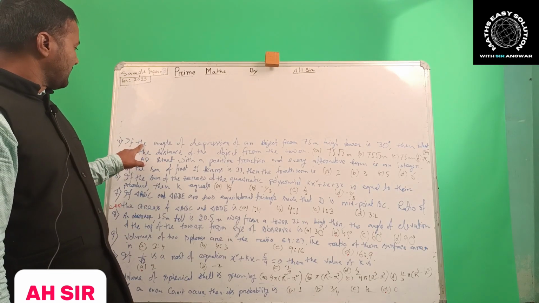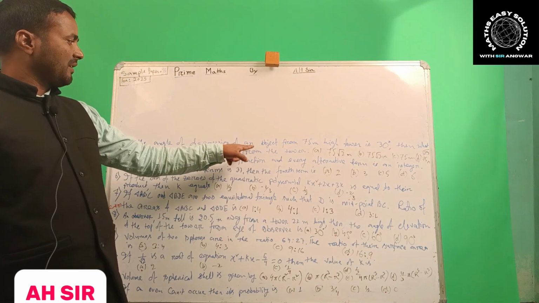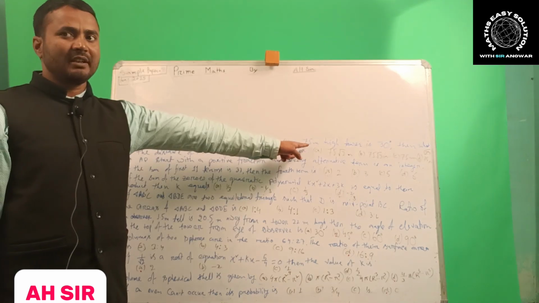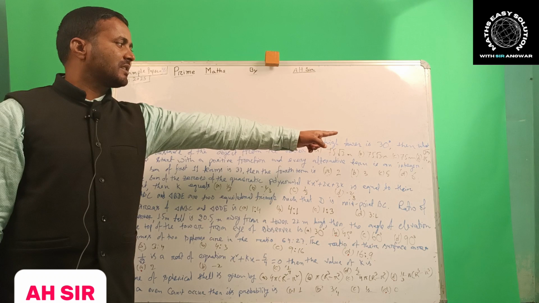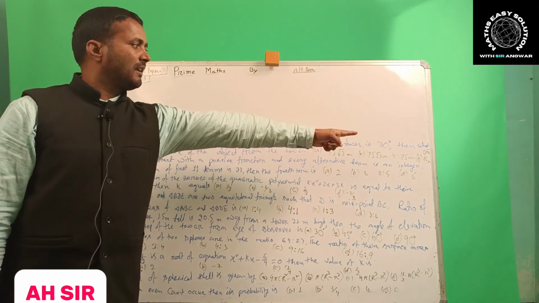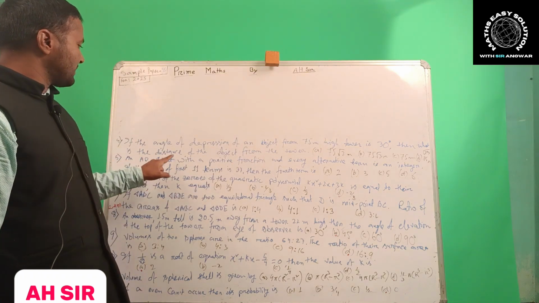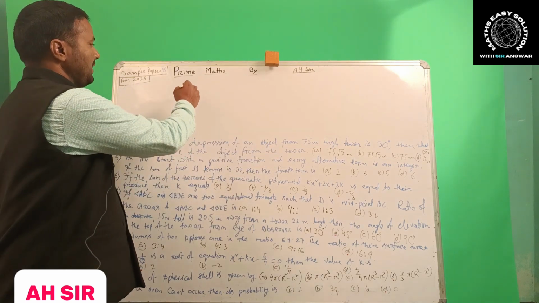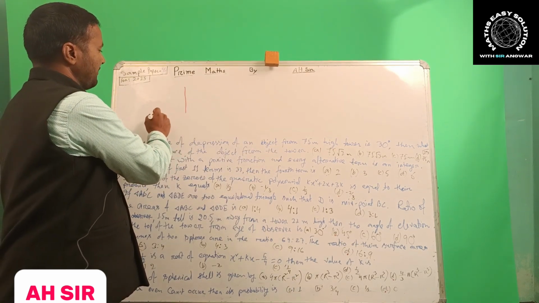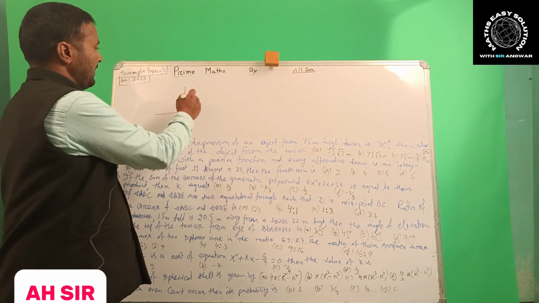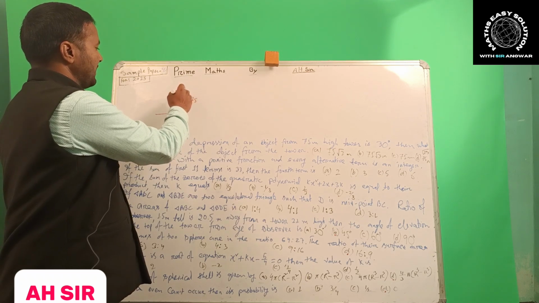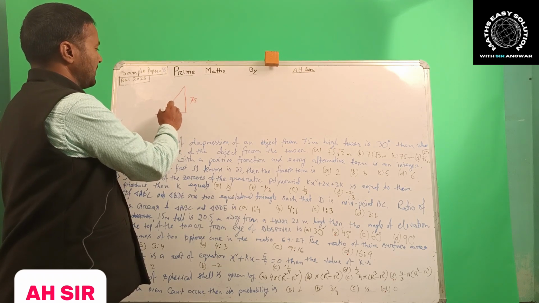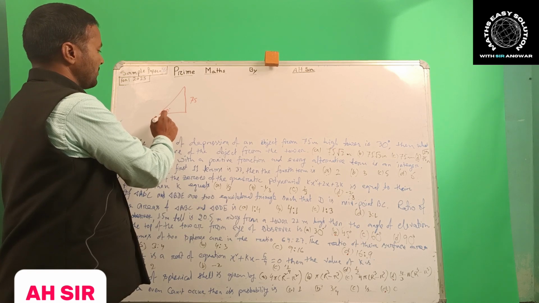If the angle of depression of an object from a 75 meter high tower is 30 degrees, then what is the distance of the object from the tower? You see here, very simply, this is the tower, and from here is the distance. If height is 75 meter and angle is 30, then this one is the question mark to calculate.